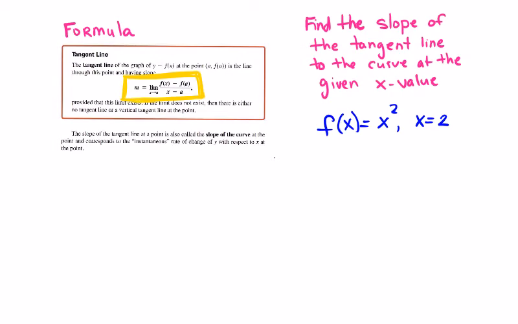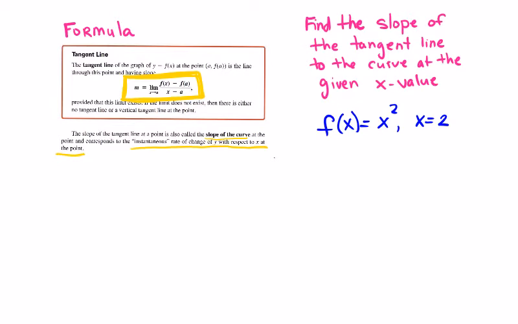This provides that the limit exists. If the limit does not exist, then there is either no tangent line or a vertical tangent line at that point. The slope of the tangent line is also called the slope of the curve at the point and corresponds to the instantaneous rate of change of y with respect to x at that point.